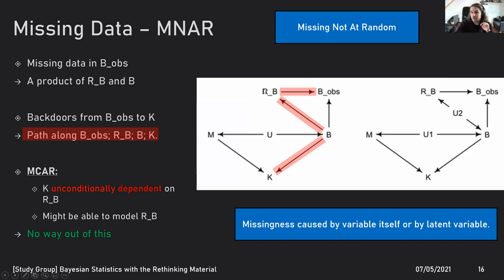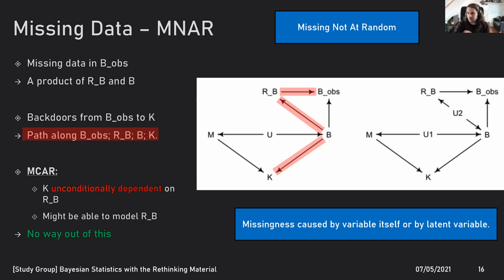So from B observation into RB, over to B, and then into K, we have now a backdoor path, which would bias our estimates of trying to understand how B is influencing K when we only have B observation to use in our models.